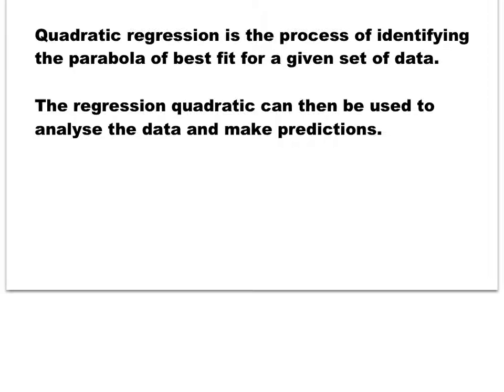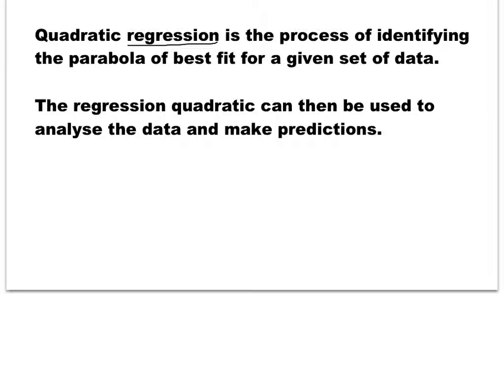Now the last part of the lesson talks about quadratic regression. As we said about linear regression, this is the process of finding the parabola of best fit for a given set of data.